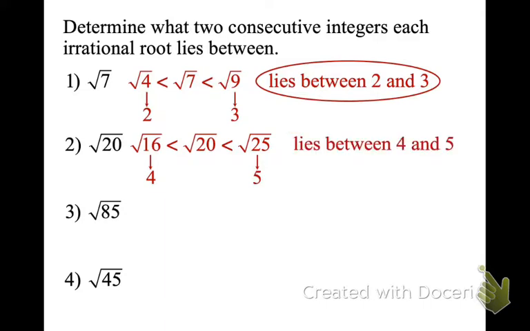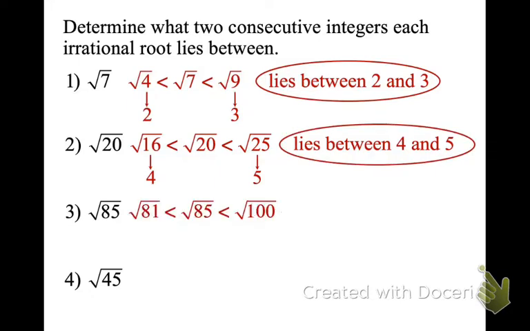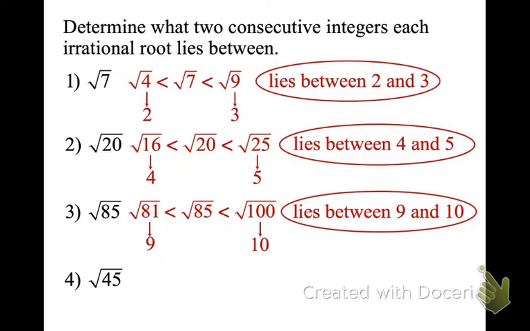All right, square root of 85 falls between 81 and 100. So that falls between the integers 9 and 10. Okay, 45 falls between 36 and 49, so it falls between the integers of 6 and 7.